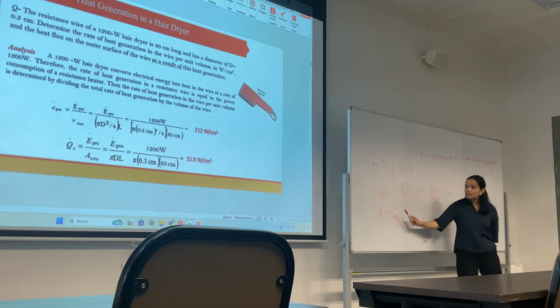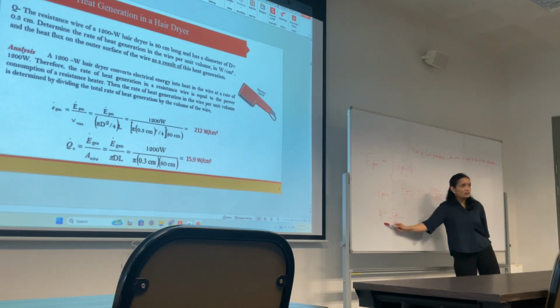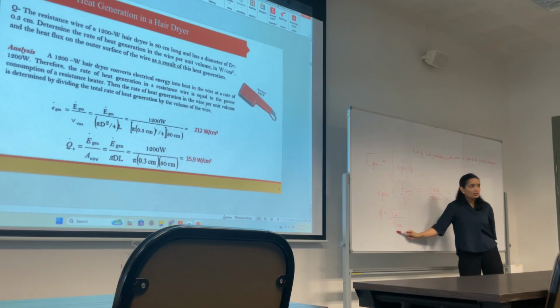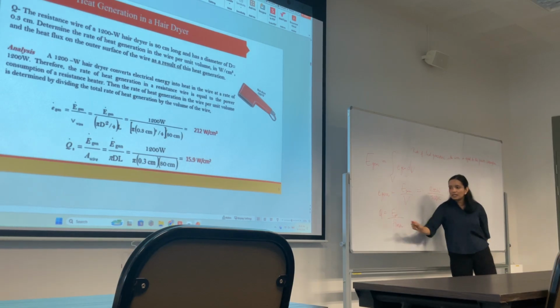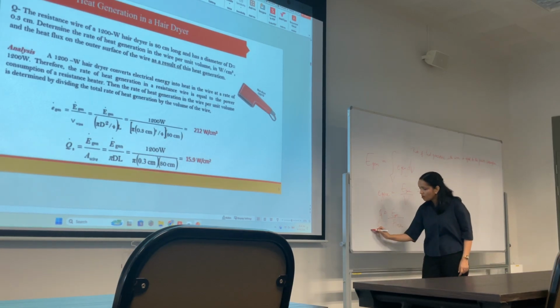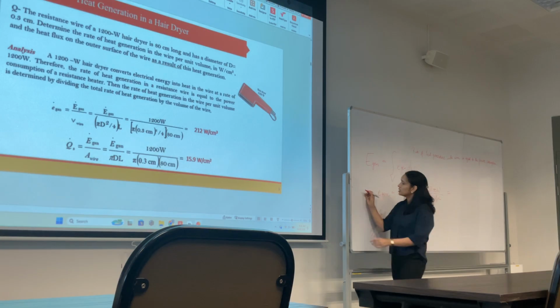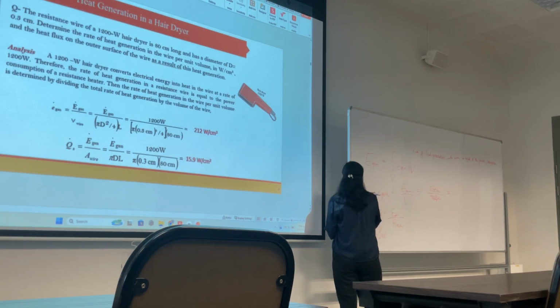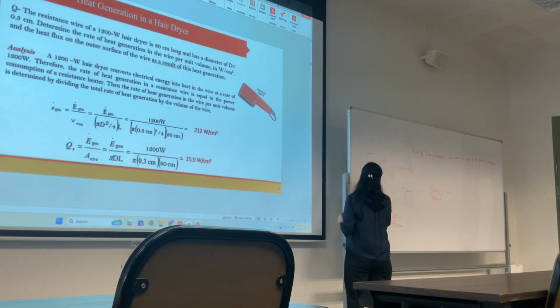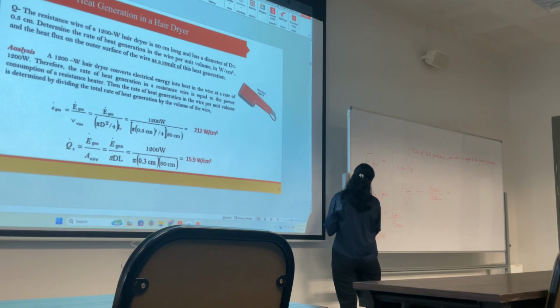Okay. Second is you want to calculate heat flux. Just divide it by the area. Total power that the wire can consume divided by the area. Okay. You will get the heat flux. This is heat flux. This is heat generation per unit volume.